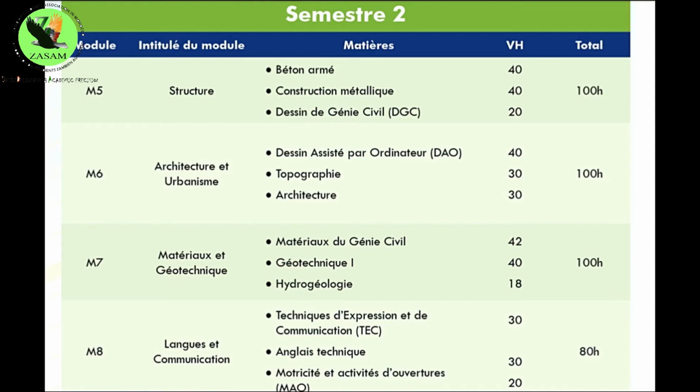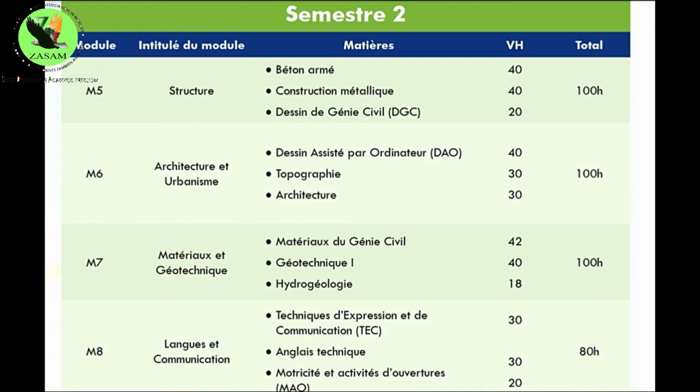And one other thing, matières within one module can compensate each other, but matières in a particular module cannot compensate matières in other modules. So you really have to work extra hard. The system is not really easy, but it does force you to work hard and concentrate.